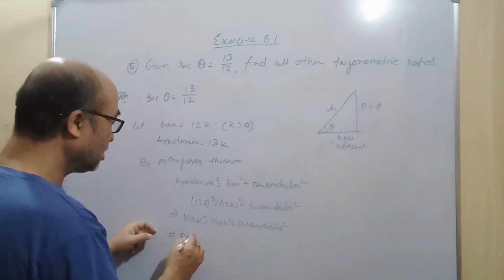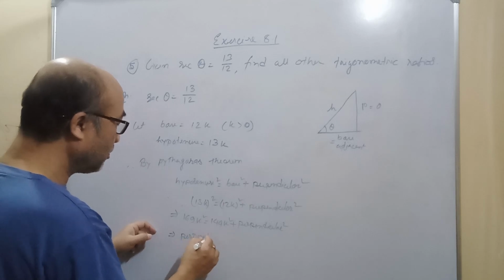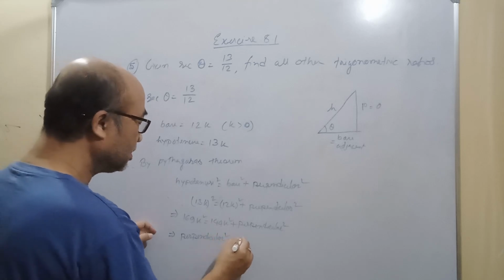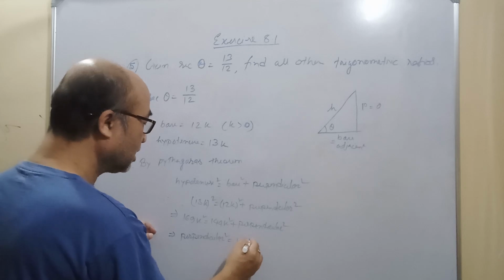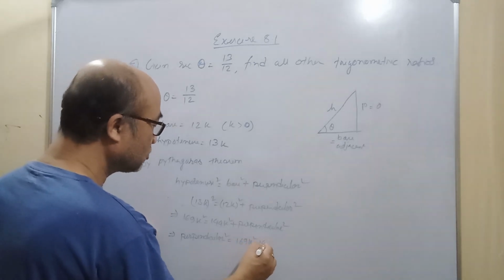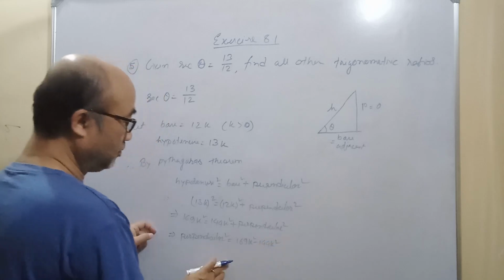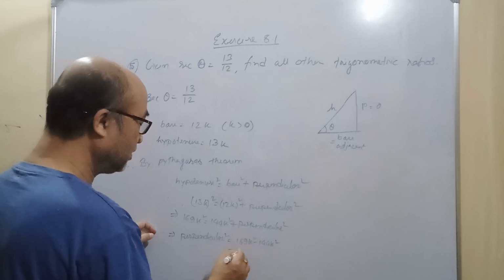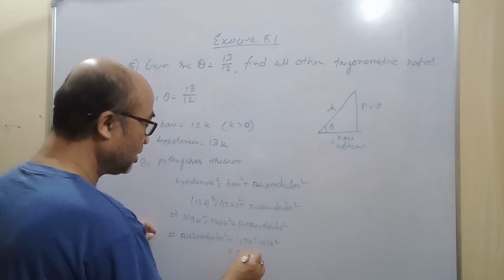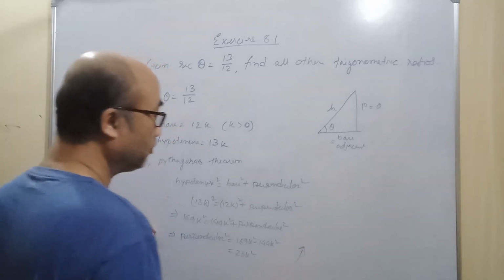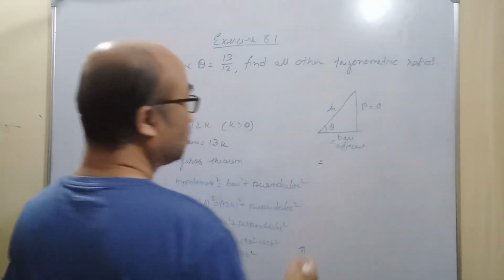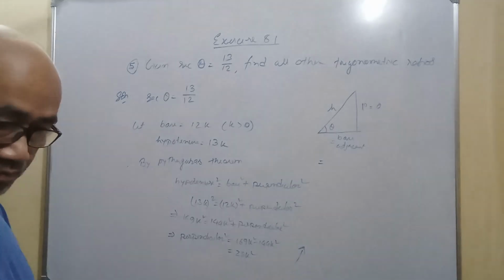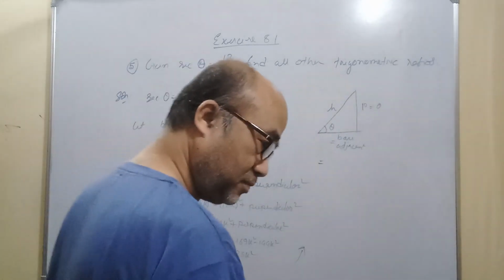Hence 169k square minus 144k square is equal to 25k square.